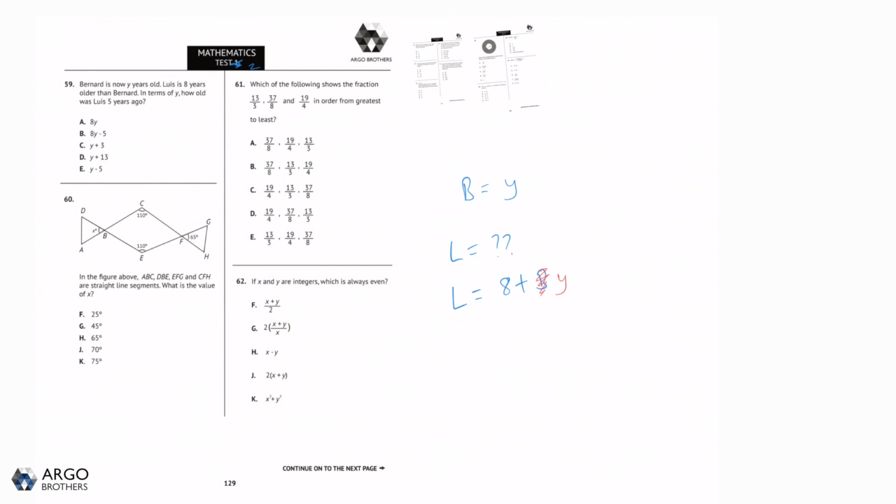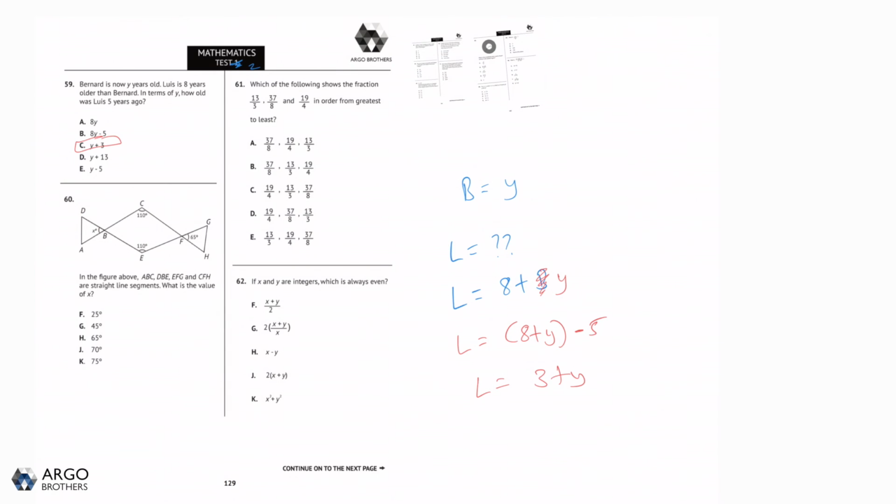So this is not asking for the present time. Louis was 8 plus Y, but subtract 5 because it's 5 years ago. Therefore, Louis is 8 minus 5, which is 3, plus Y. So it's 3 plus Y or Y plus 3, which is answer choice C.